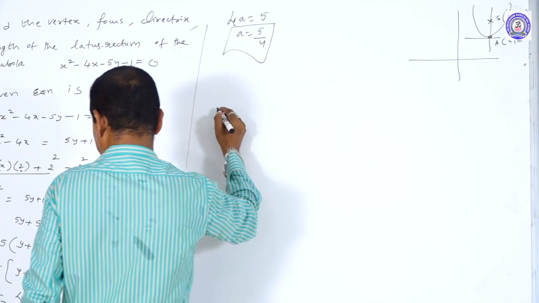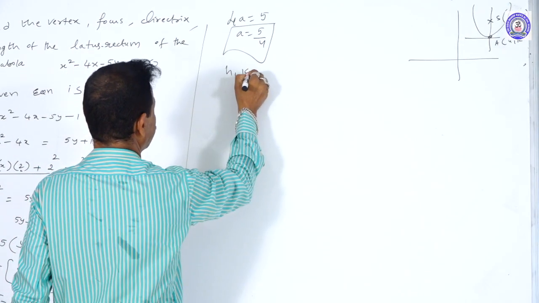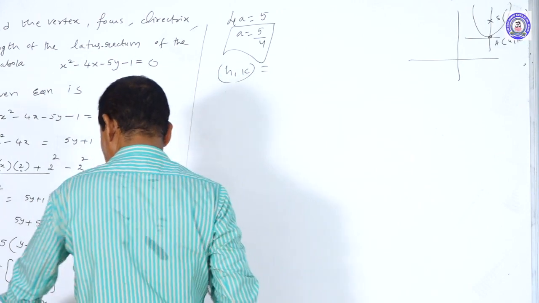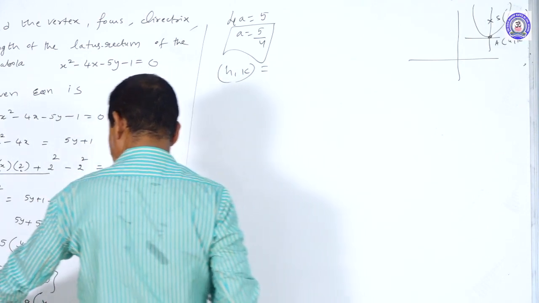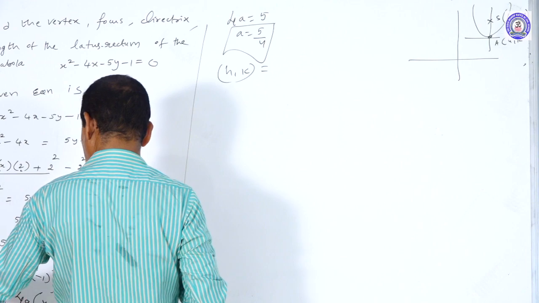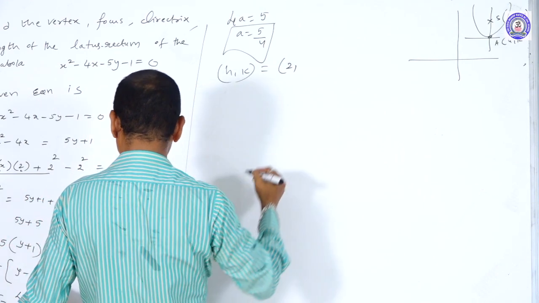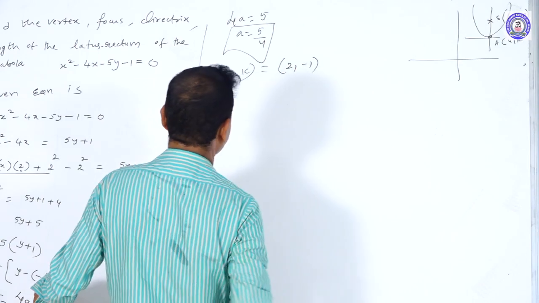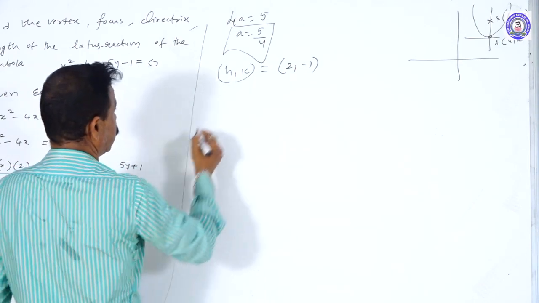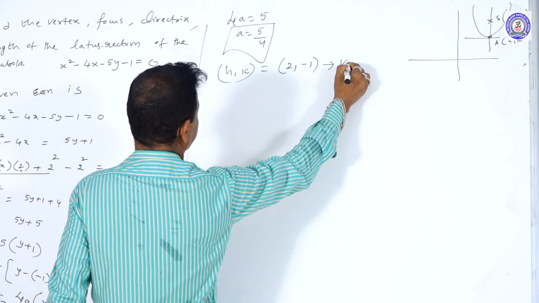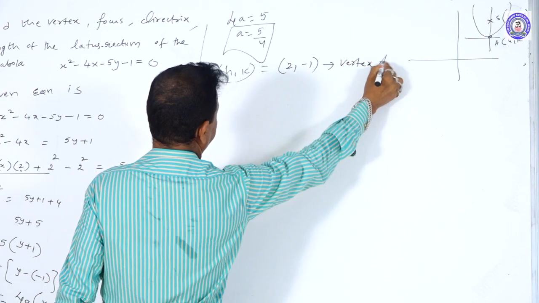Here from (x minus h) whole square equals 4a into (y minus k), h is 2 and k is equal to minus 1. Next, this is the vertex.